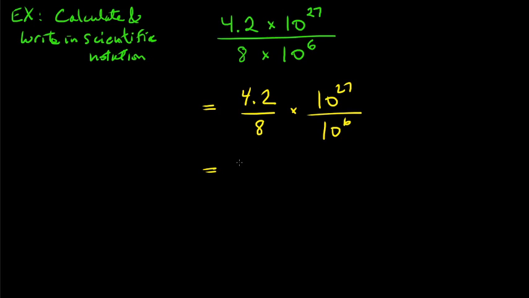4.2 divided by 8, you can use your calculator if you want. It's 0.525. Just making sure. All right. And then times what? Well, times 10 to the power 27 minus 6. Right, which is just 10 to the 21.